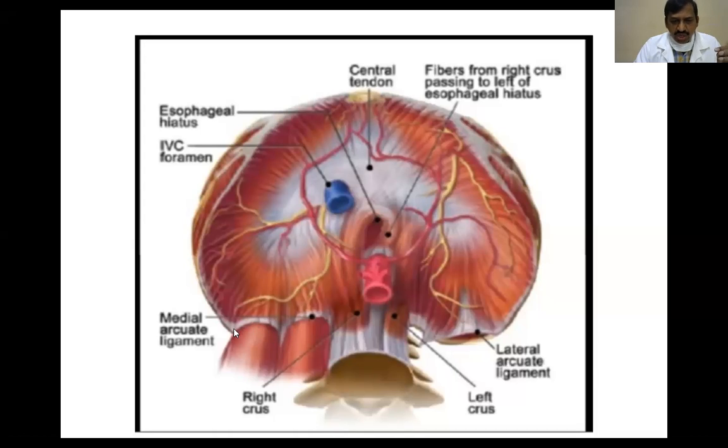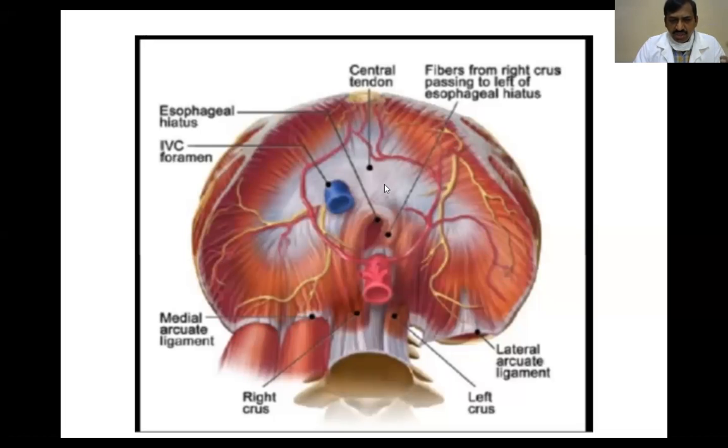Laterally it is attached to the under surface of the lower border of the 12th rib. Okay, this is the lateral arcuate ligament, and this is the medial arcuate ligament. From these two ligaments also, the diaphragm takes origin. So these are all the structures which are giving origin to the diaphragm.